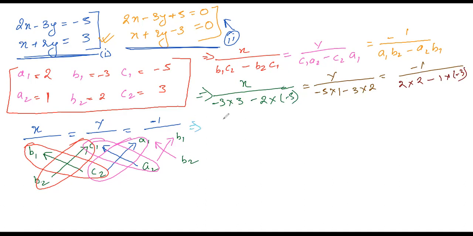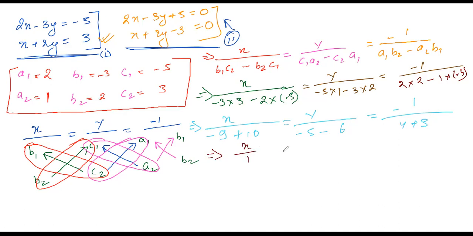So over here it is going to be x by minus 9 plus 10 equals y by minus 5 minus 6 equals minus 1 by 4 plus 3. Now you have to solve it further. So it is going to be x by 1 equals y by minus 11 equals minus 1 by 7.